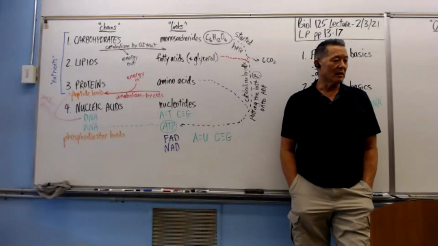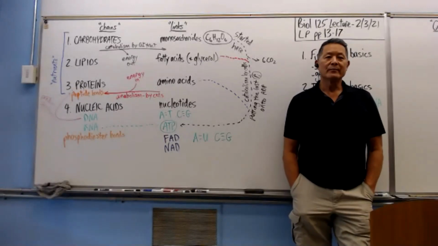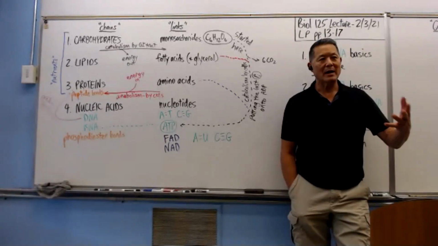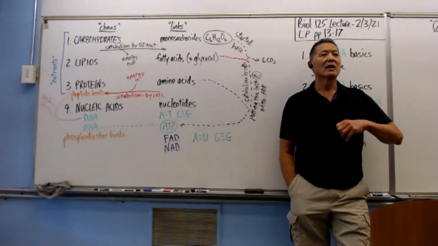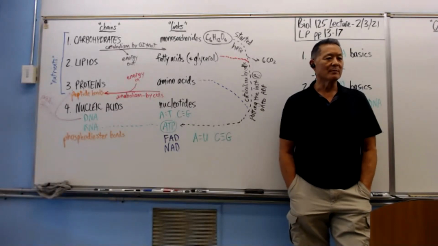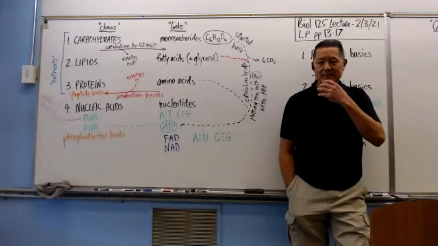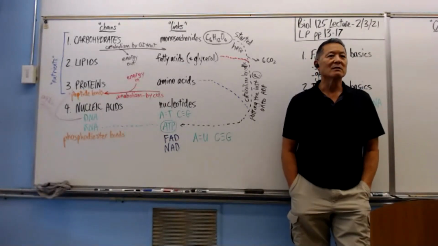For example, if you eat a real fatty meal, you'll get a higher amount of both bile salts and lipase enzymes coming out of the pancreas, as opposed to if you ate a high vegetable, high fiber meal.